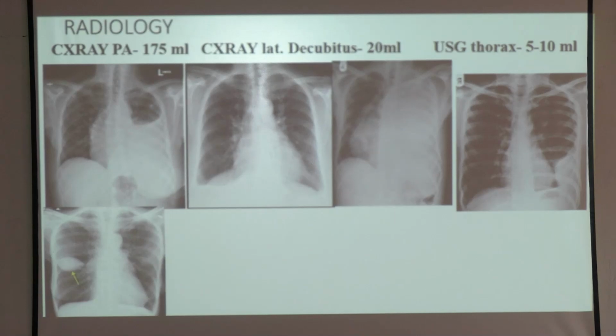That is ultrasonography, USG. USG of thorax may detect as low as 10 ml of pleural fluid, whereas X-ray PA view may detect 175 to 180 ml of pleural effusion, and lateral view may detect 50 ml of pleural effusion.